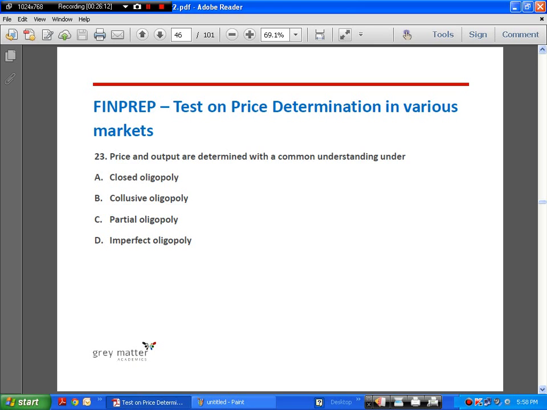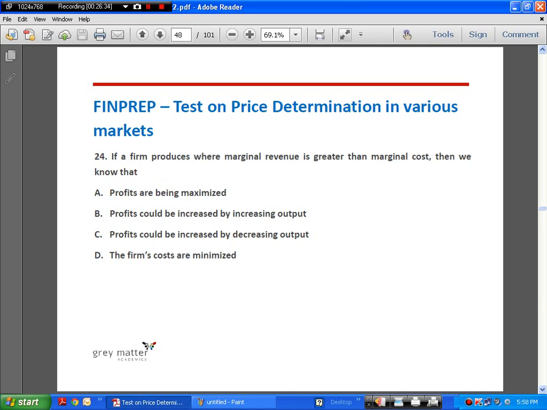It is only under a collusive oligopoly. Under collusive oligopoly, the firms organize themselves, they come together and decide on a common understanding over the price and output in order to avoid cutthroat competition in the market by reducing prices. Right answer is collusive oligopoly.